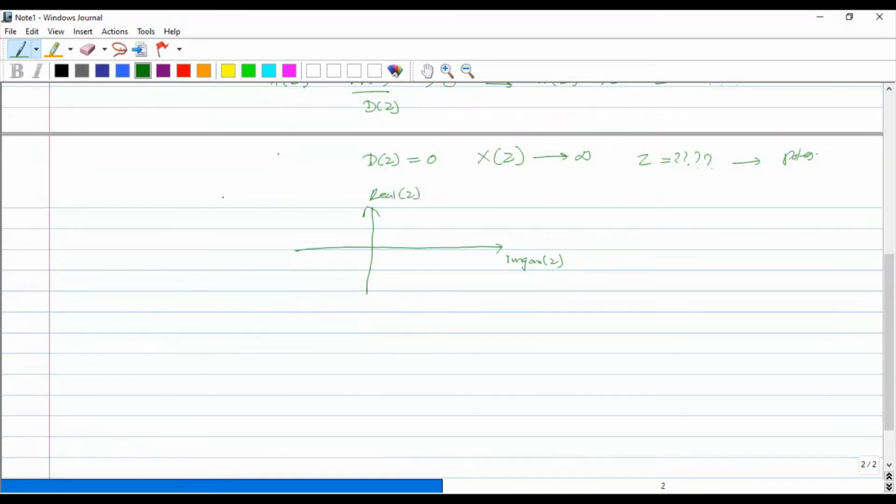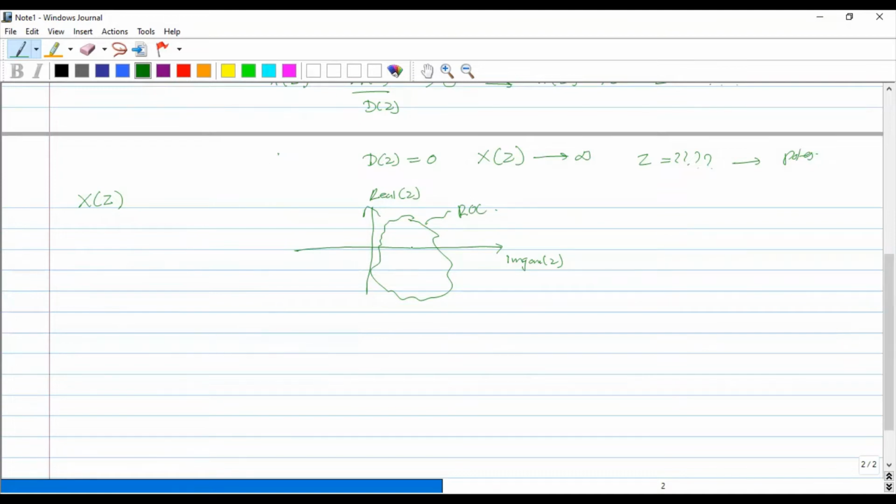If we consider any z transform signal, or sequence, the values of z for which it exists are called the region of convergence.